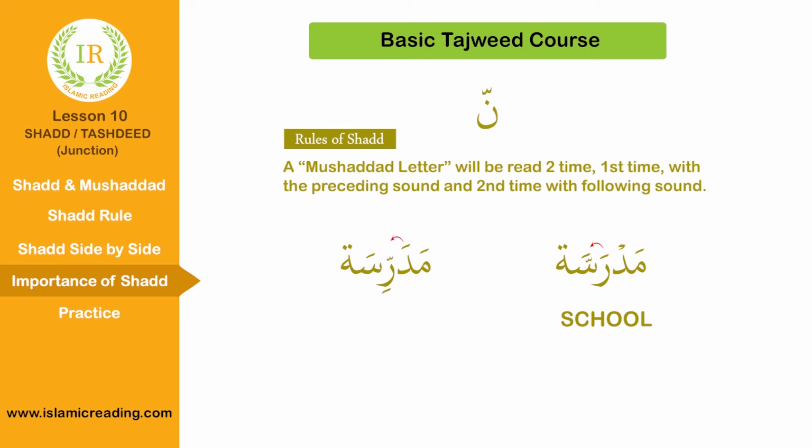So we join dal with the ra. Mudarrisa, which means a female teacher. You see, just by changing the position of the shad, it changes the meaning of the word totally. That's why you have to be really careful on which point you need to create the pronunciation of the junction or the shad function. Now, let's practice some words which contain shad in different situations.